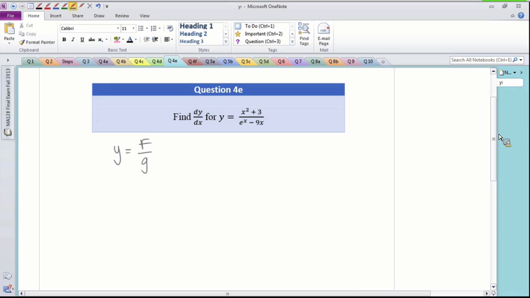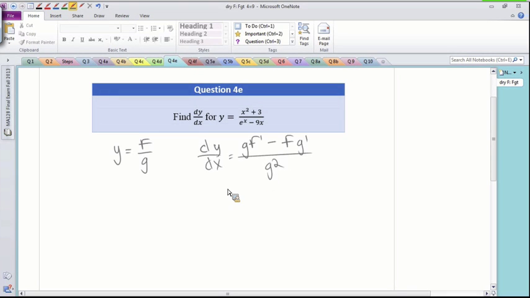Y is equal to a quotient, so we'll have to use the quotient rule. If y is equal to f over g, then dy dx is equal to g times f prime minus f times g prime all over g squared. So we just have to find out what our f is, what our g is, what our f prime is, and what our g prime is.